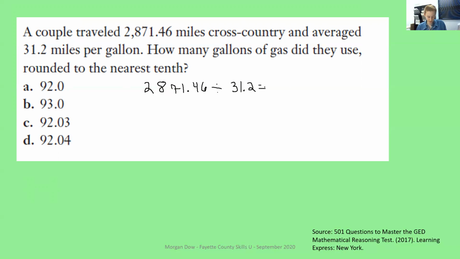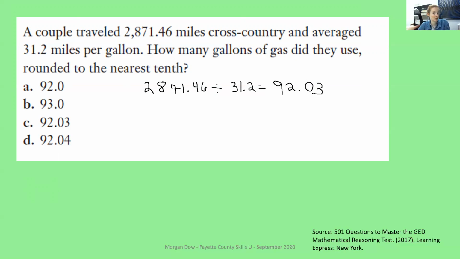So we have, I'm gonna get out my calculator here, 2,871.46 divided by 31.2. That gives me 92.033397436. There's a lot of decimal places after that.